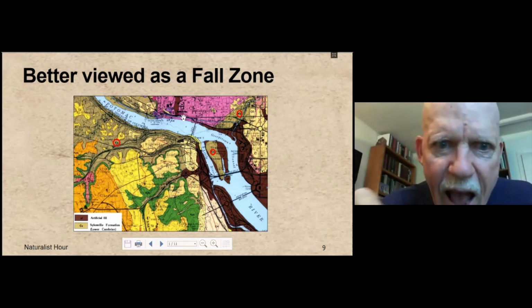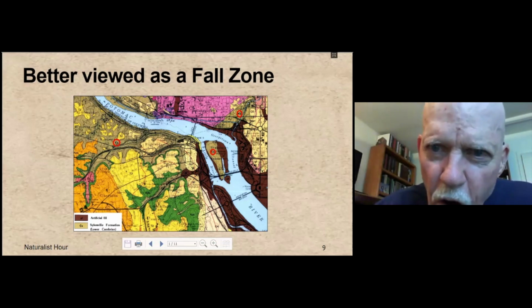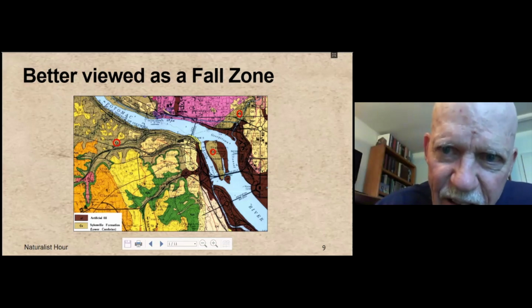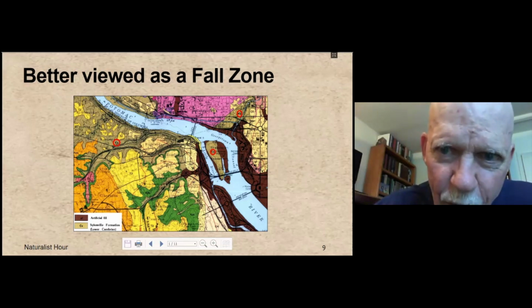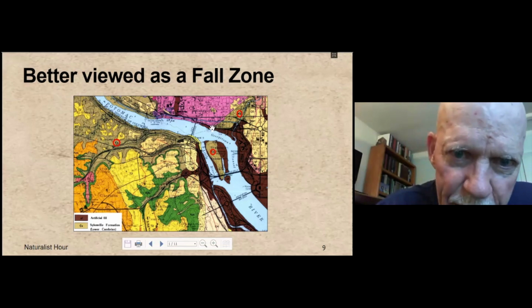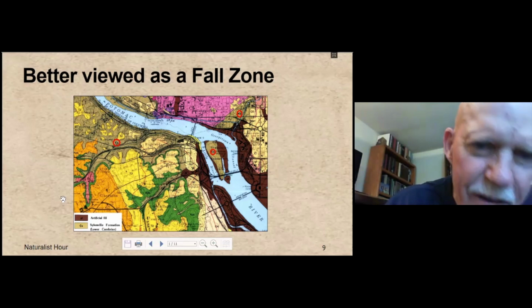So as a rough approximation, the fall line on this map, which I think most of you will realize is basically a part of Arlington, part of the district, the fall line in its traditional over-exaggerated way would be something like this, okay?